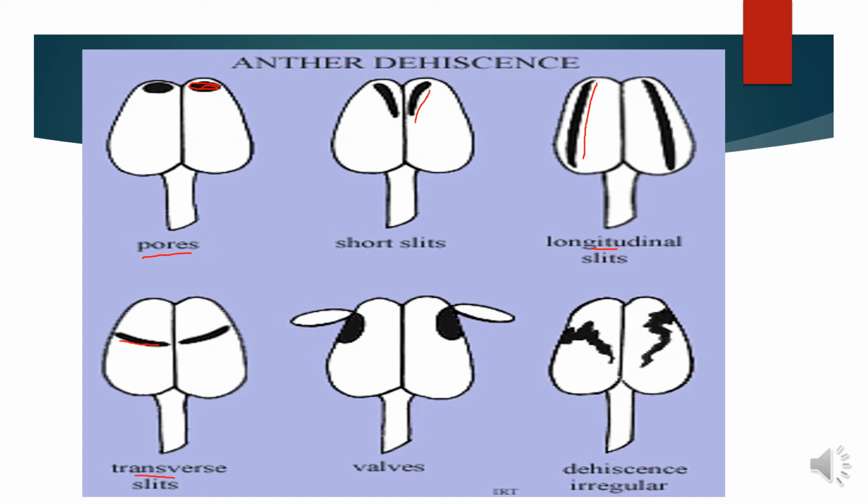It can also be in the form of valves, like here, from where the pollens are extruded. Also sometimes there is no clean slit, but it occurs as an irregular dehiscence. This type of irregular dehiscence is also a very common method of pollen extrusion or anther dehiscence.